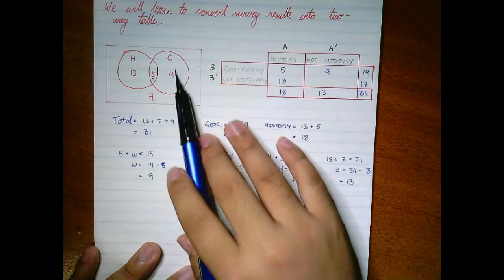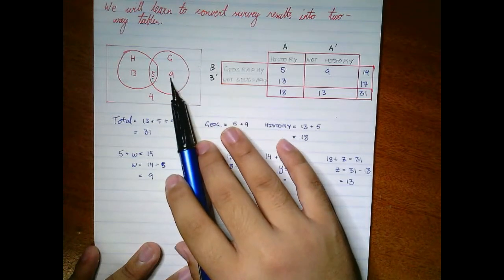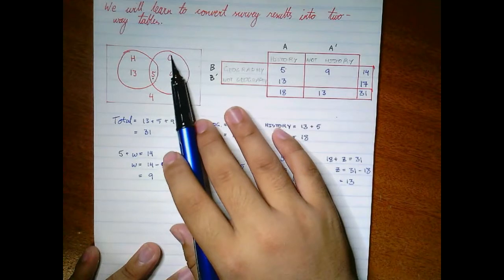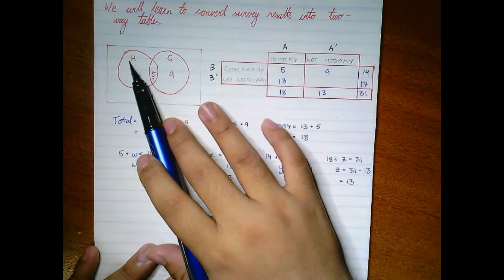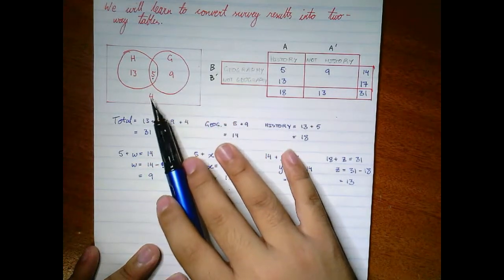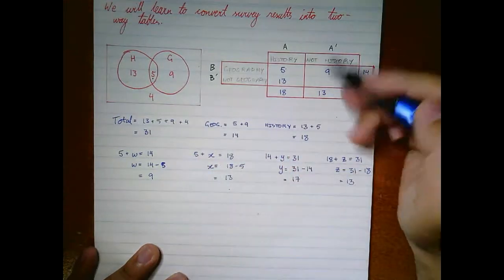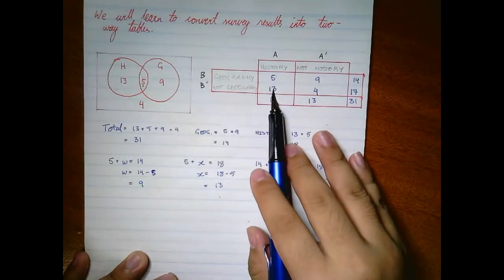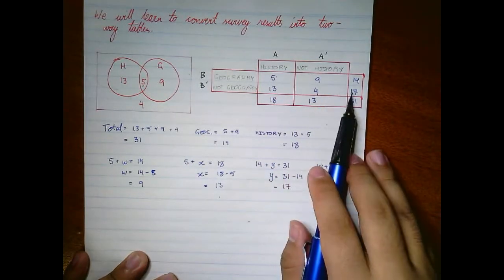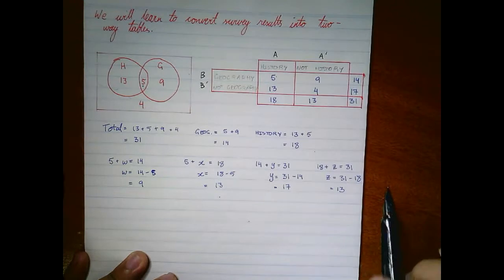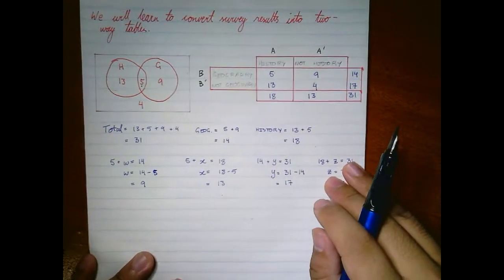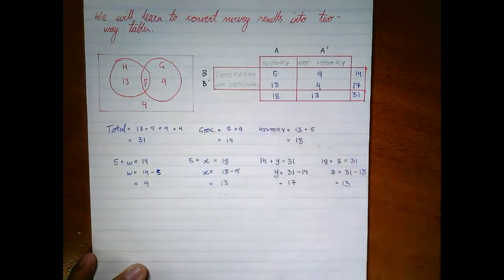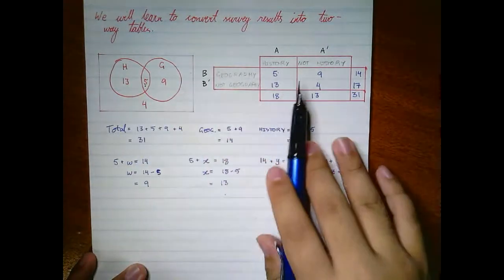These 9 studied just geography, but we want those who didn't study geography, so we don't want to count anyone here. It must be that 4. Alternatively, you could have done 13 plus something equals 17. That's the 4. So that's how we did it. We've converted this Venn diagram into a two-way table.